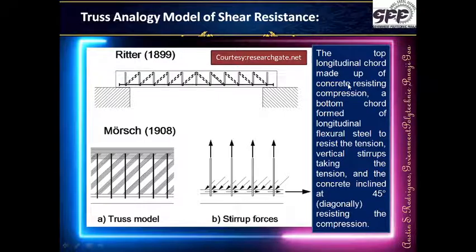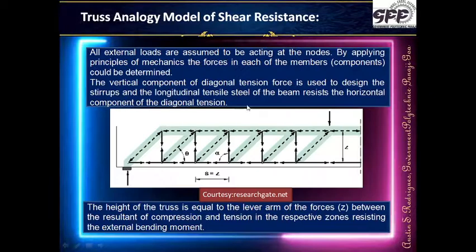The top longitudinal chord made up of the concrete resisting compression, that is the top one over here, the bottom chord here taking longitudinal tension, and these all taking the compression. Now over here all the external loads are assumed to be acting at the nodes. All these pin jointed nodes, the external loads are assumed to be acting over there.